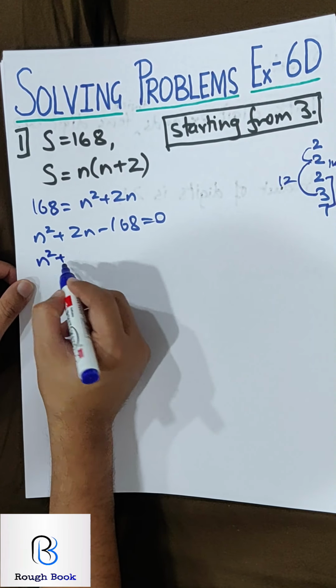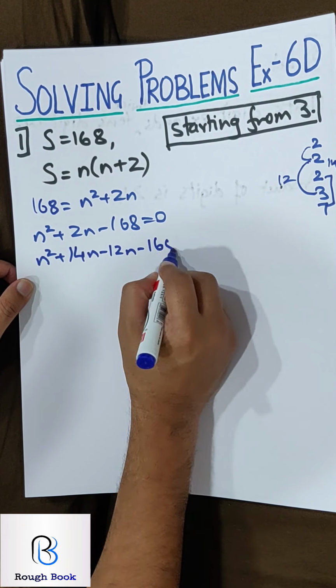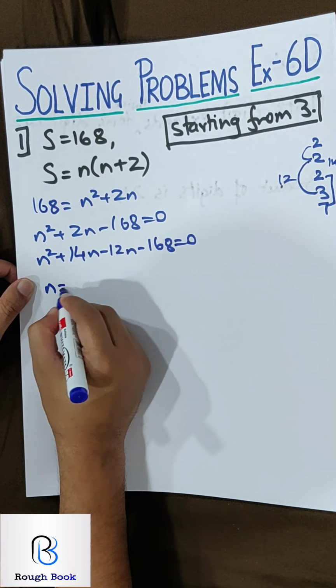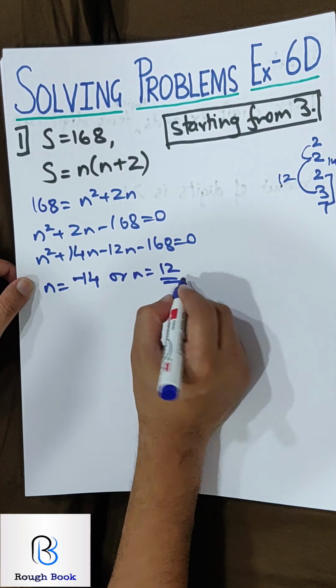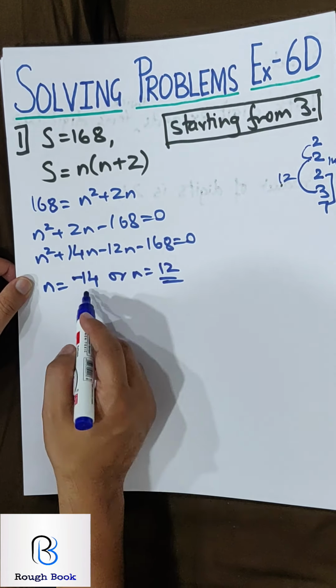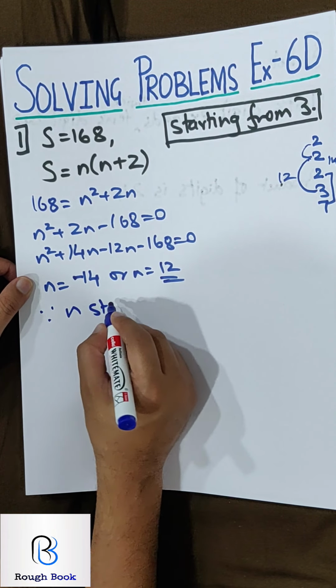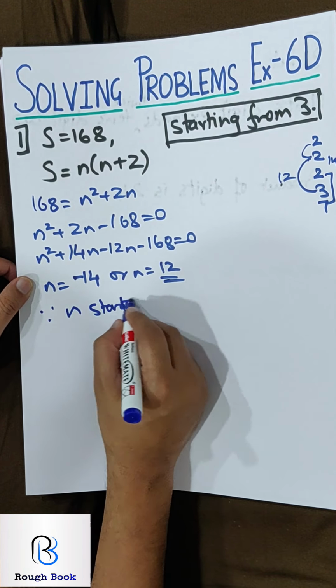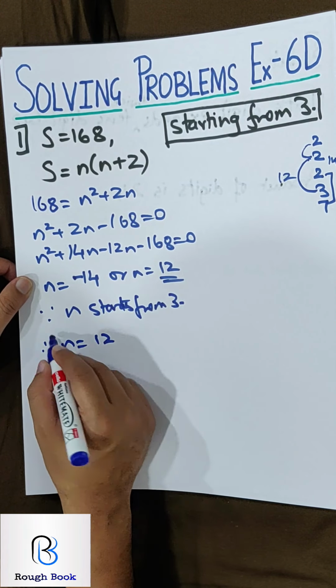So I can take n as 14 and 12, n squared plus 2n minus 168 equals 0. So my answer should be n as negative 14 or n as 12. Since n is starting from 3, I can't take negative 14. So we'll have to say since n starts from 3, therefore n is equal to 12.